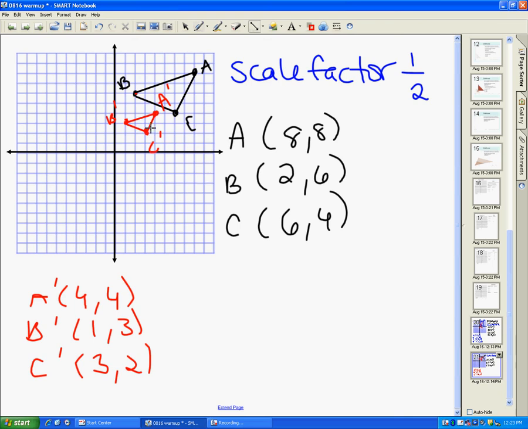Notice it's smaller. So every side is 1/2 the size of what it originally was. So this side's half of what this was. This side is half of what this is, and this side is half of what this side is.